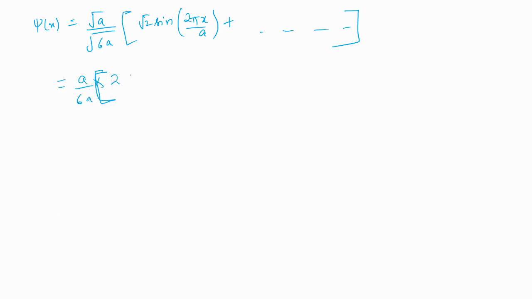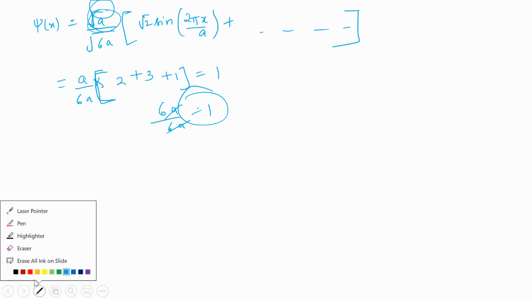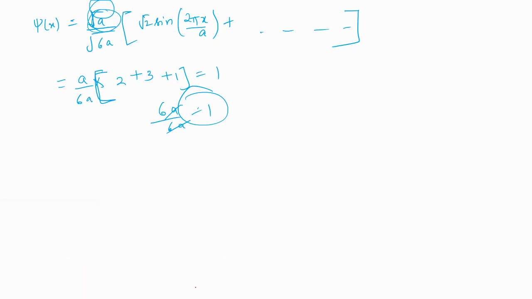Inside you have 2 plus 3 plus 1 is equals to 6, and 6a by 6a is equals to 1. So that means this is the normalizing factor. You should write root a. So the wave function now has root a upon root 6a.